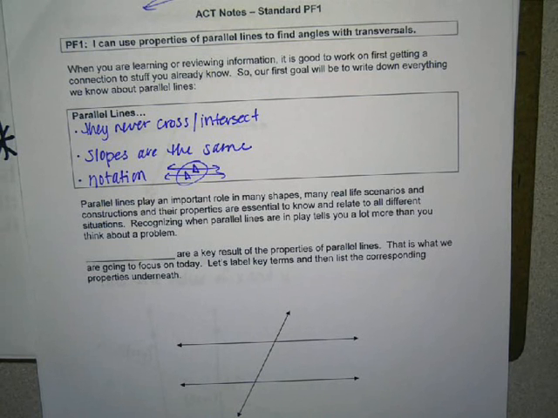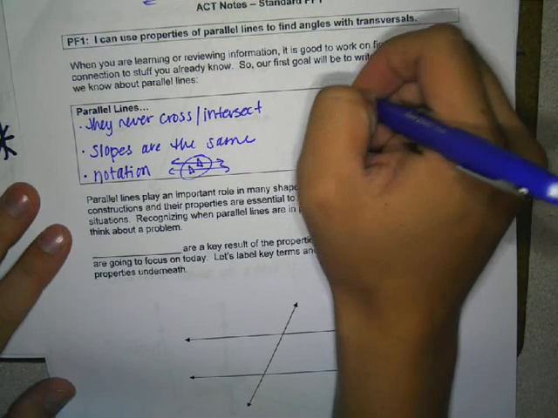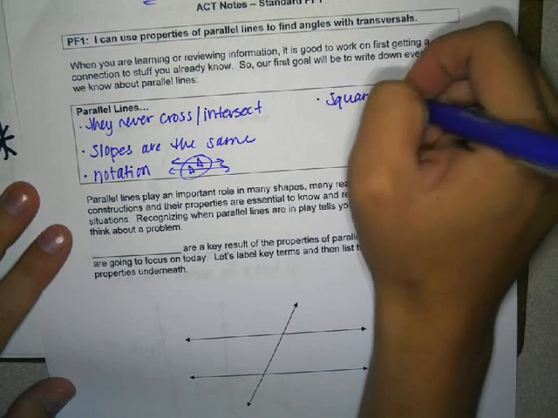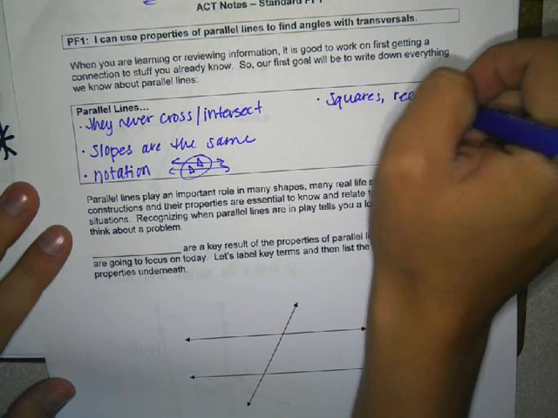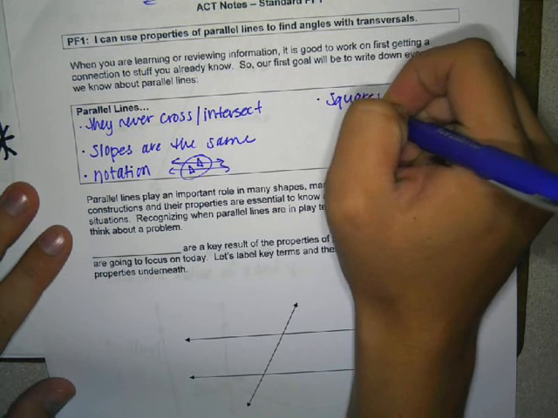Squares, rectangles, parallelograms. Okay. So squares, rectangles, parallelograms.